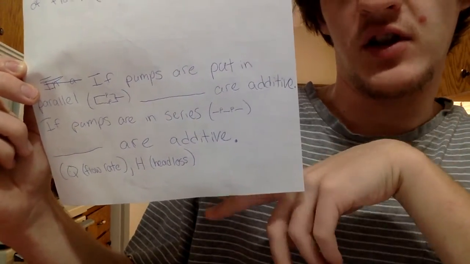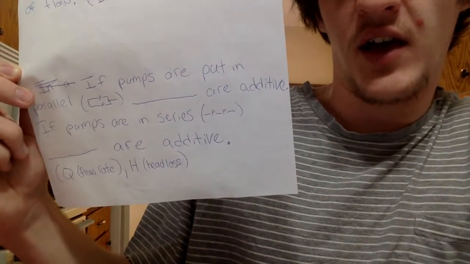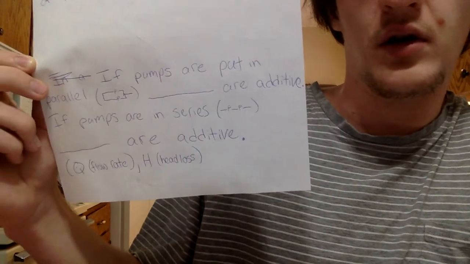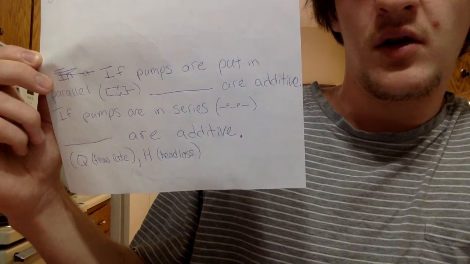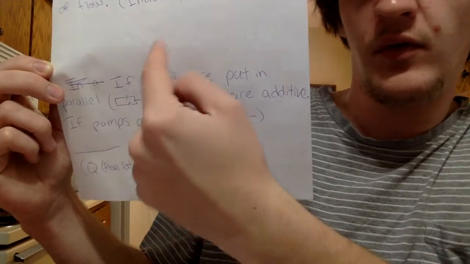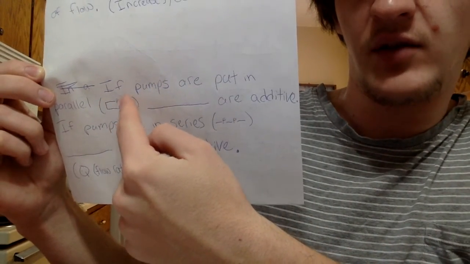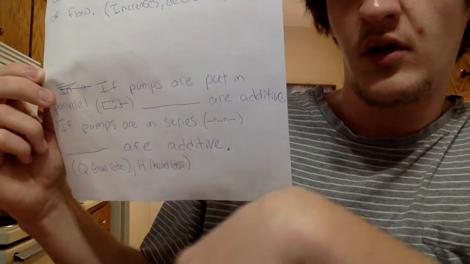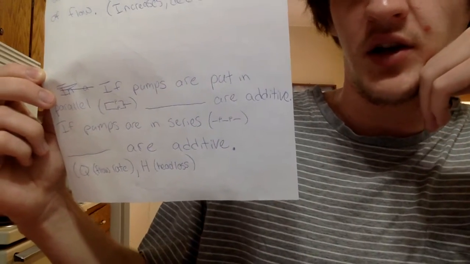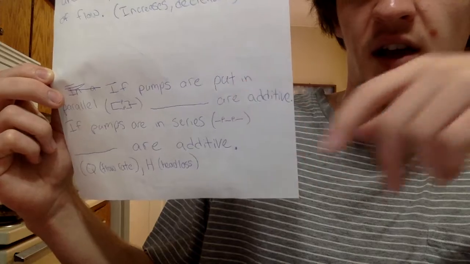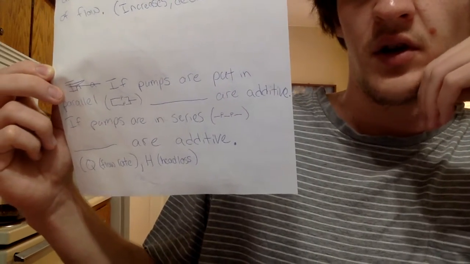But if the pumps are in series, you have to add the head losses of the pumps, whereas in parallel it's not additive. It's more of an inverse relationship, kind of complicated, and that's good for minimizing head loss with parallel pumps.